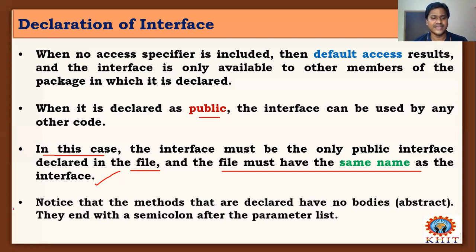And they end with a semicolon after the parameter list. As observed, a method is defined in the interface with no body, and at the end of the method definition, a semicolon should be there. That means no body implementation is allowed in the interface. Right? Clear?